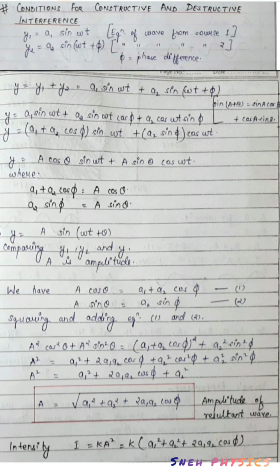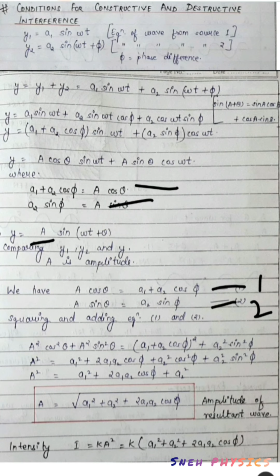Now we know that this A is the amplitude. How do we find the expression for the amplitude? We have the equation A cos theta equals a1 plus a2 cos phi, which will be taken as equation number 1, and the equation A sin theta equals a2 sin phi, which will be equation number 2.